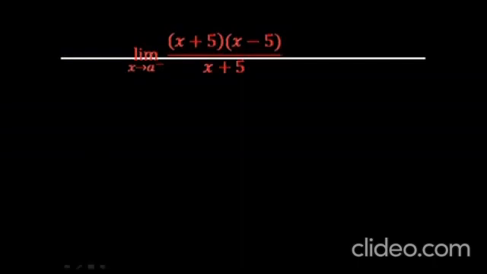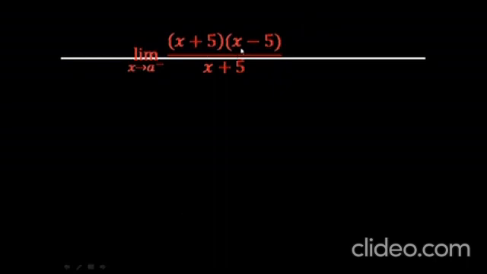Otherwise we may simplify the function like this, because it is given x square minus 25. If we make the factors, we can apply the formula a square minus b square is equal to (a plus b) into (a minus b).